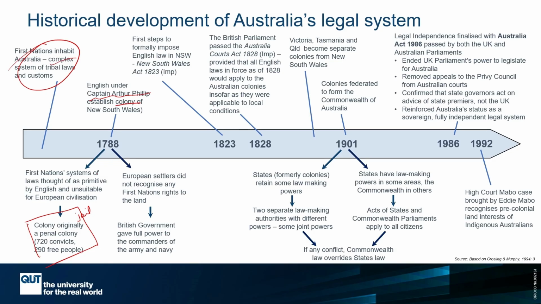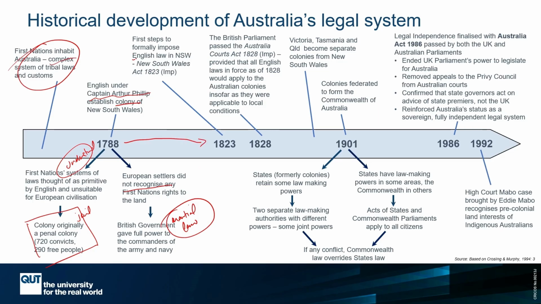And at the time, the British didn't understand fully the systems of laws in place, and therefore they didn't recognise any of these legal systems. So we actually are founded in Australia under martial law, under military law, because it's a prison. And at the time, the British didn't perceive any of the laws in place as being applicable to an organised society. So over the next 35 years, the colony starts to develop.